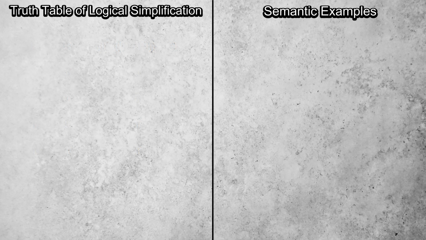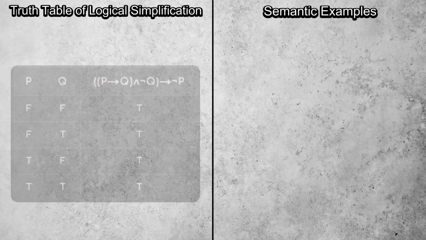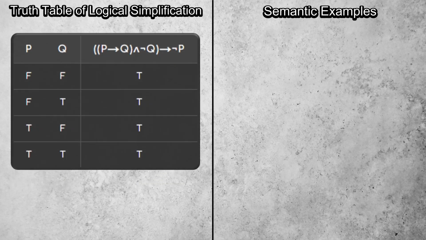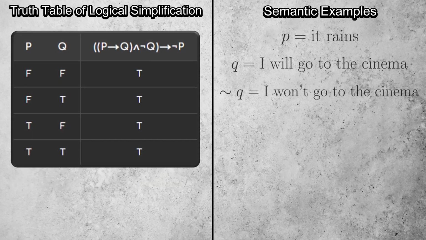Let us consider the inference rule modus tollens. If P, then Q, and not Q implies not P. Consider the propositions.